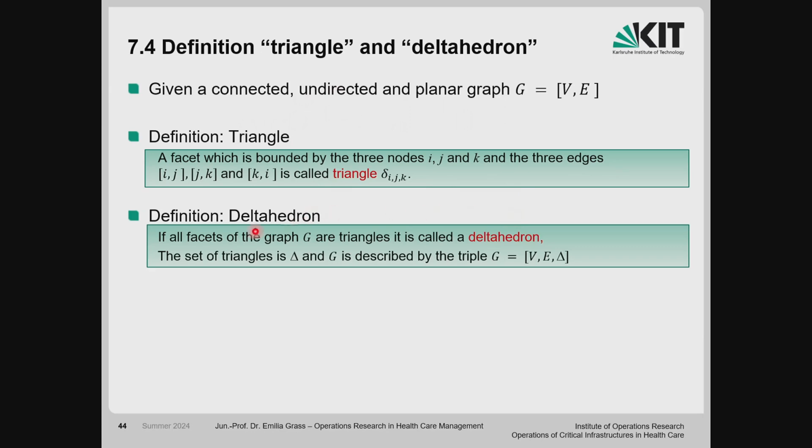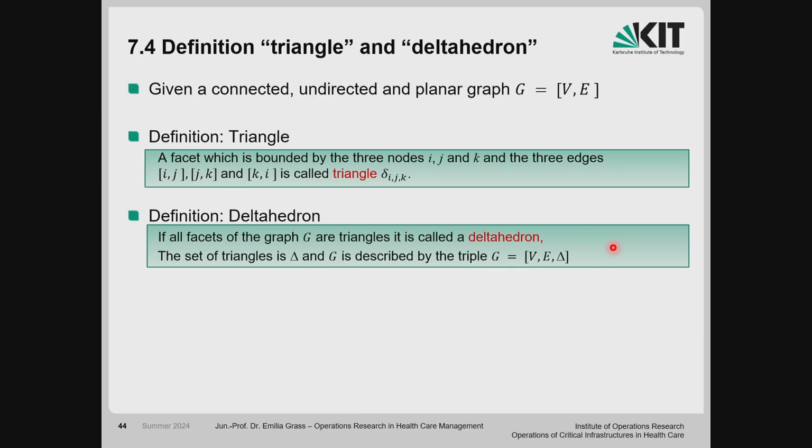The set of triangles is capital delta, and G is described by this triple: the set of nodes, the set of edges, the set of triangles. So it could also be here another triangle, here another triangle, and then you have a deltahedron. It simply consists of triangles.